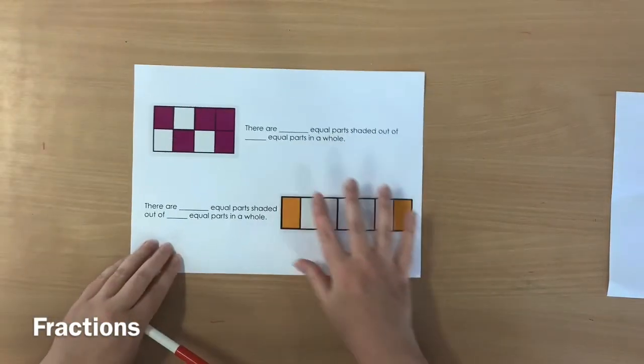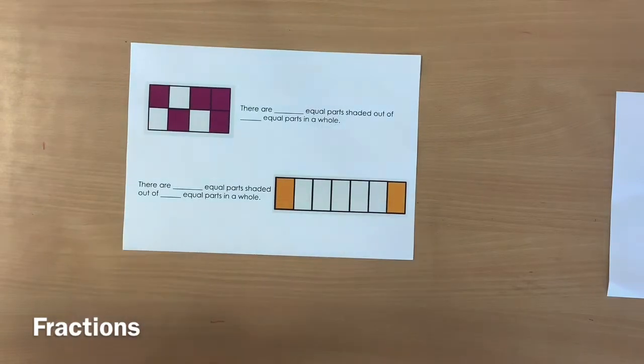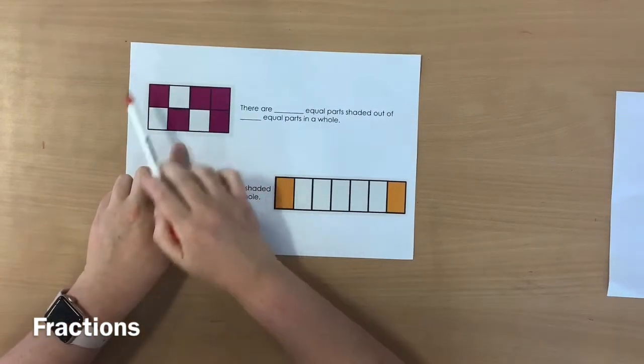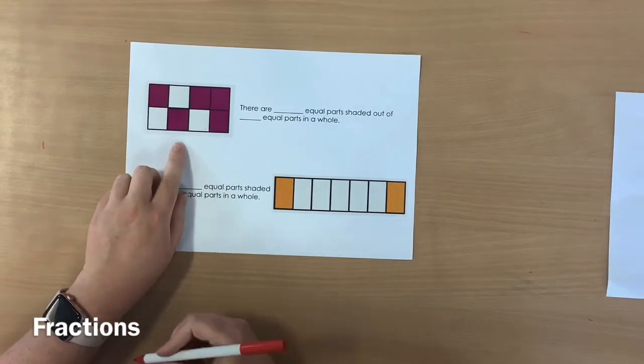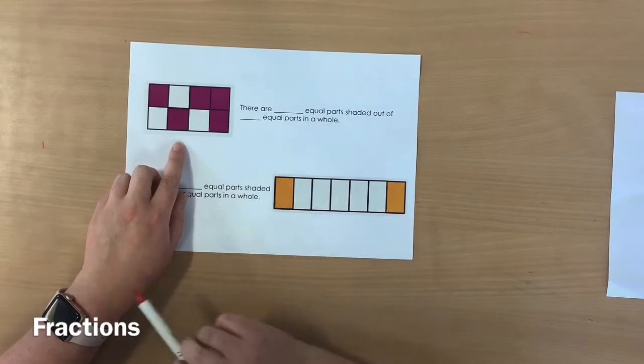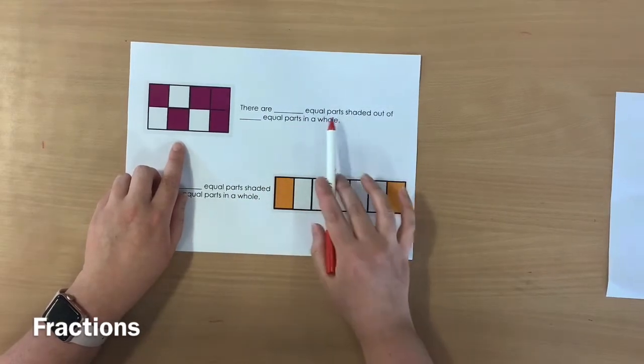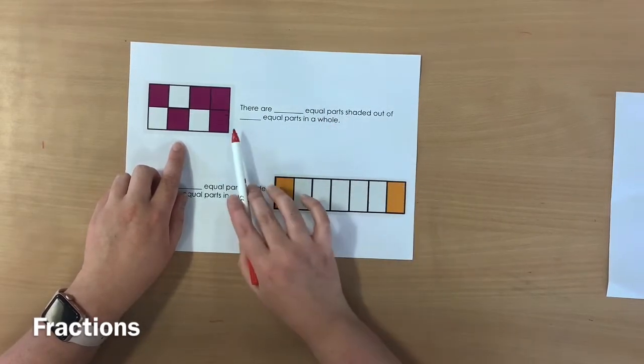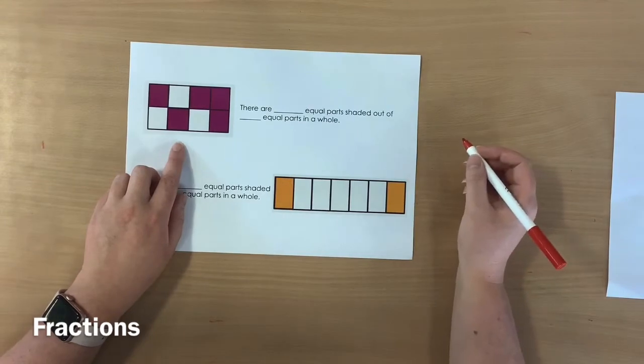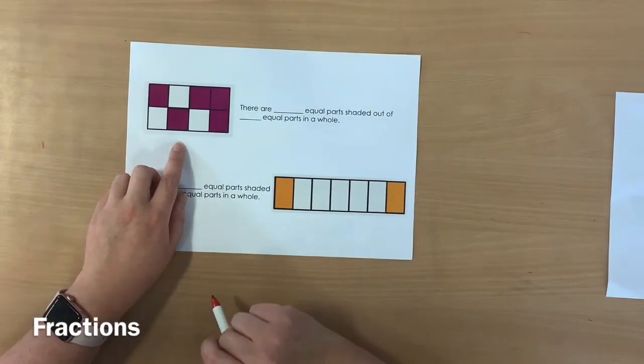So let's have a look at these 2 shapes that I have here. If we look at this one first, we're going to see what fraction is being represented. I'm just going to be filling in the gaps. There are something equal parts shaded out of something equal parts in a whole. So the first bit, how many parts are shaded?